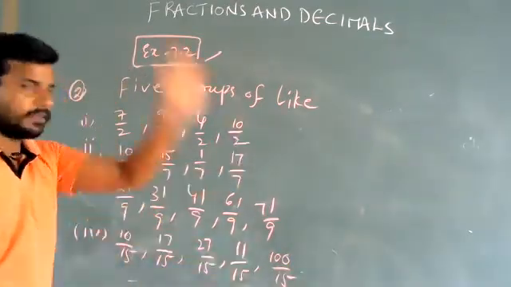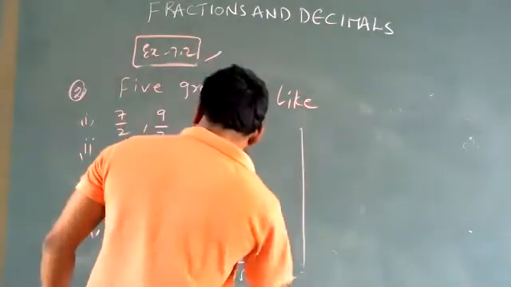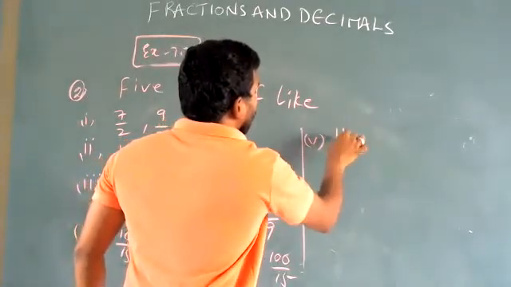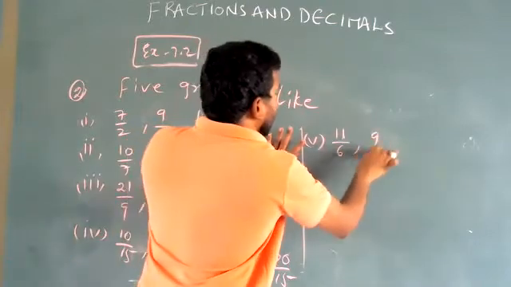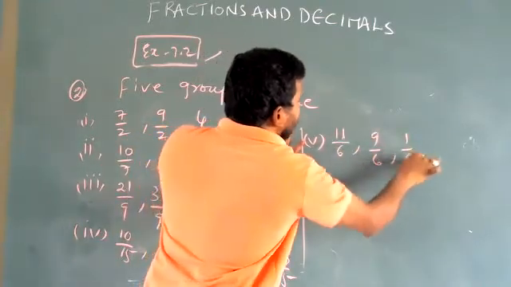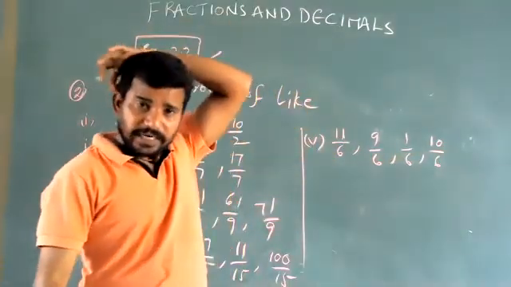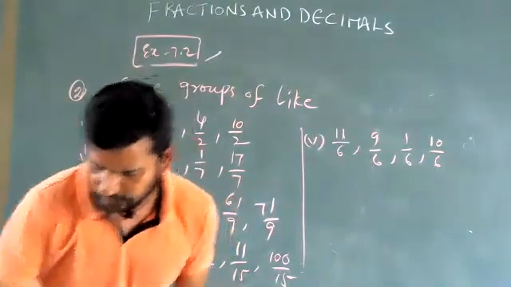Denominators are same. Now the fifth group: 11 by 6, 9 by 6, 1 by 6, 10 by 6. All are same. So these are example groups of like fractions.